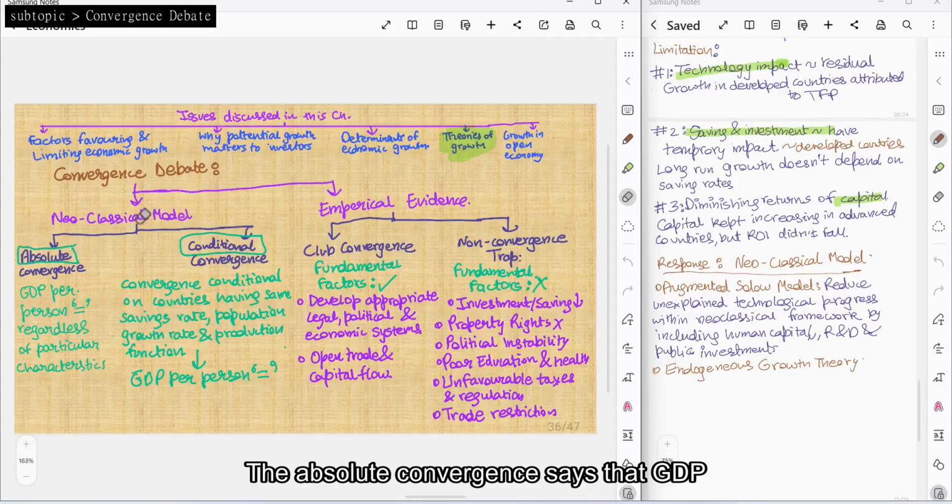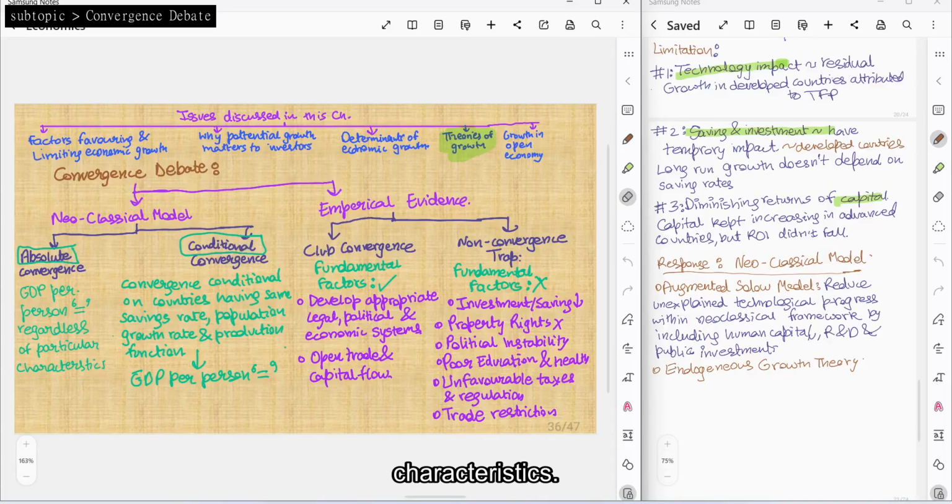The absolute convergence says that GDP per person of developing countries catches up with GDP per person of developed countries regardless of their particular characteristics. As the name itself says, absolute. And conditional convergence says that convergence is conditional on countries having the same savings rate, population growth rate, and production function. So here the name itself says conditional.